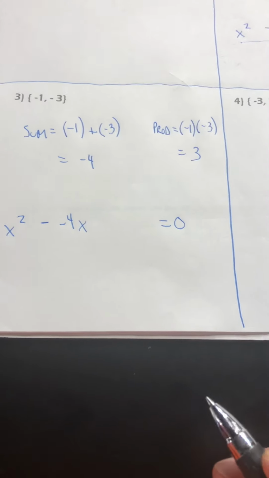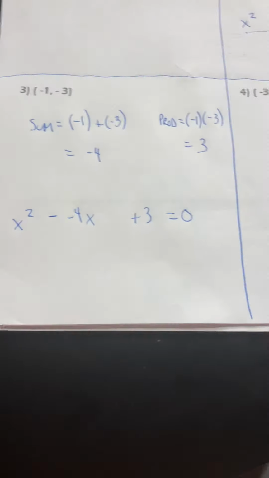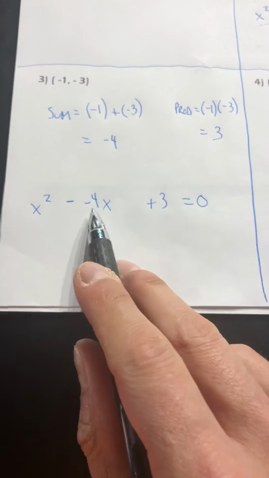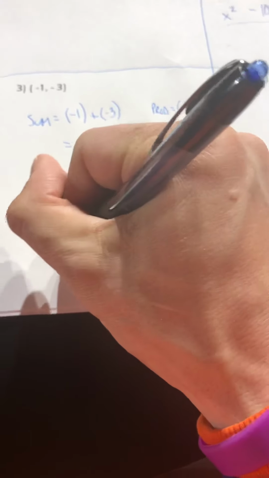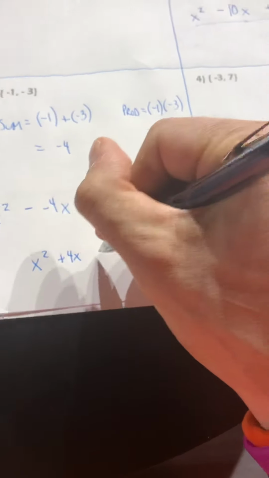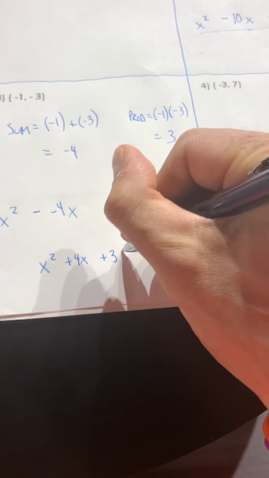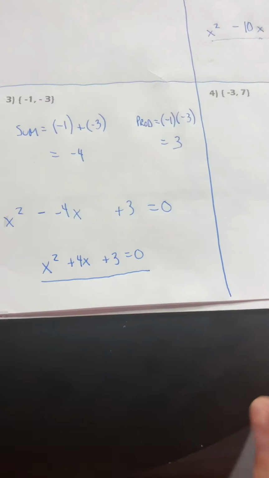So we have 2 negatives. And then here, we just bring down 3. Now, we're going to simplify this, negative and negative. Once again, that comes from the shortcut, this negative sign right here. So our answer will be x squared plus 4x plus 3 is equal to 0. And that would be our answer.